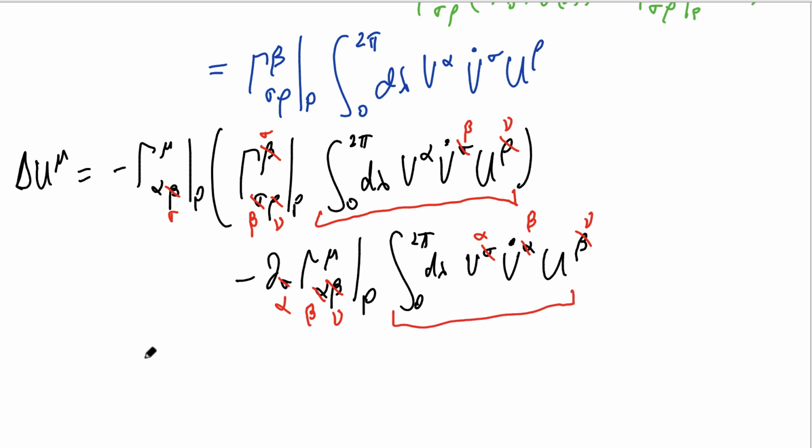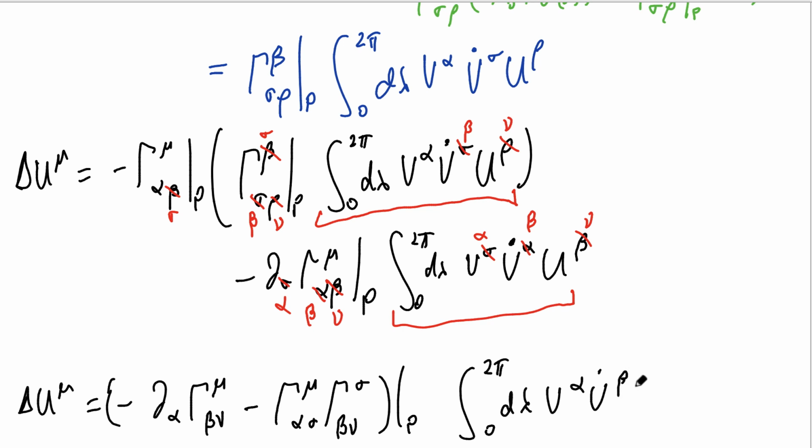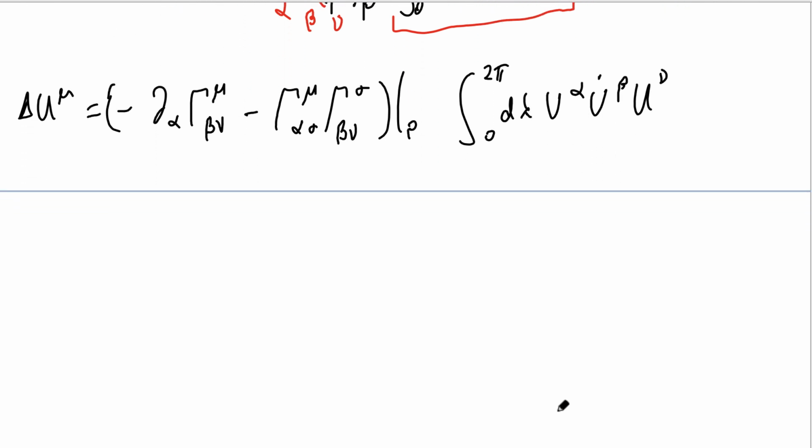And we can factor that out so that the change in u can now be written as minus partial, this term first, partial alpha gamma mu beta nu minus gamma mu alpha sigma gamma sigma beta nu, all of that evaluated at point p, times the integral from 0 to 2 pi of d lambda times v alpha v dot beta times u nu. Now let's examine this integral factor a little more closely.